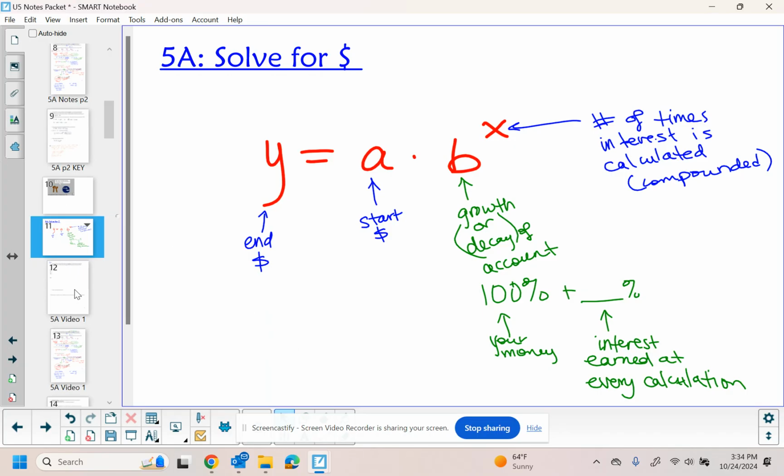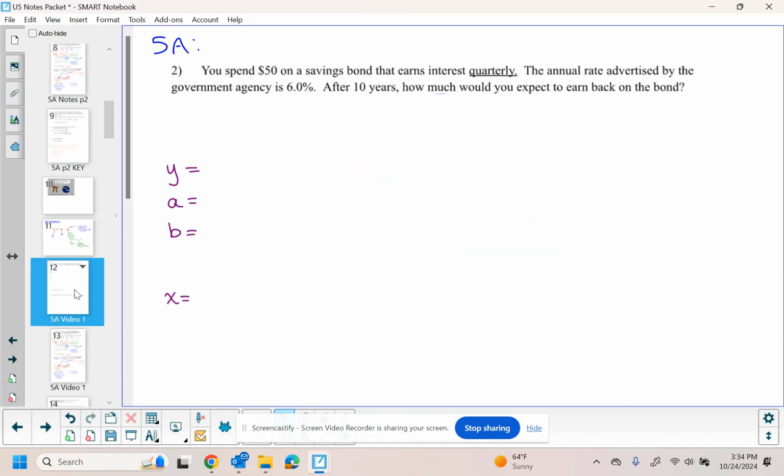So we're going to try this with question number 2 from the notes, which says you spend $50 on a savings bond and it earns interest quarterly. The annual interest rate is 6.0%. After 10 years, how much would you expect to earn back on the bond? I always start with the pieces of the equation. As a reminder, here's the original equation.